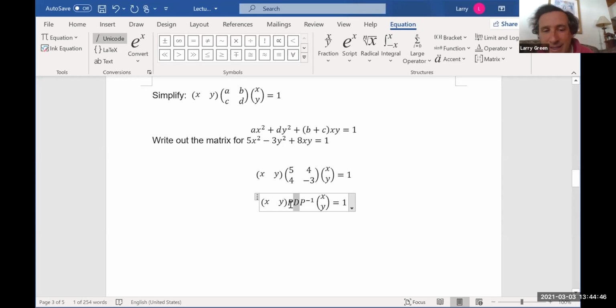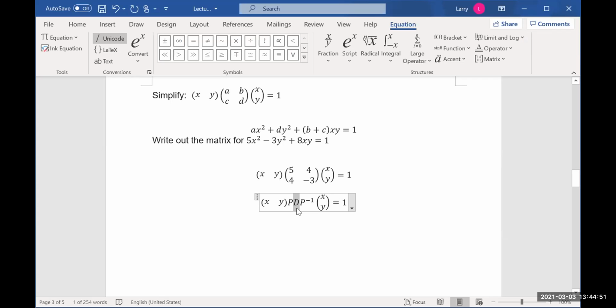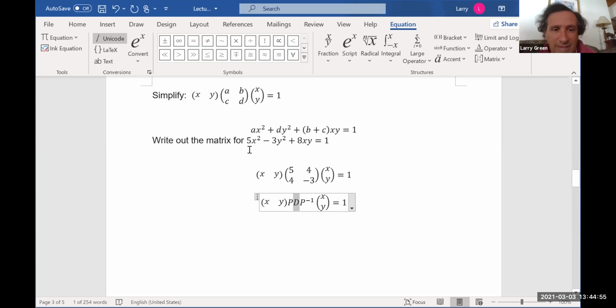And D, what are the entries of D? The eigenvalues. So what this says is once you have taken your equation and turned it into matrix form, and once you get the use of it, do you think it's hard to turn this equation into a matrix form? Or do you think that was really easy?